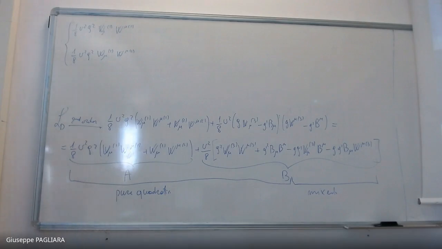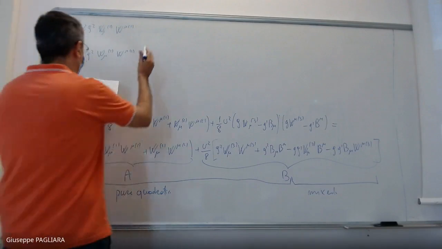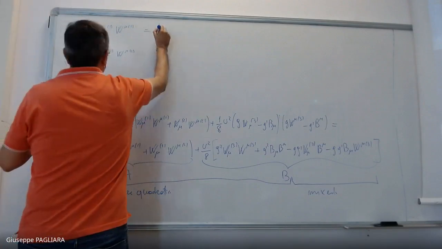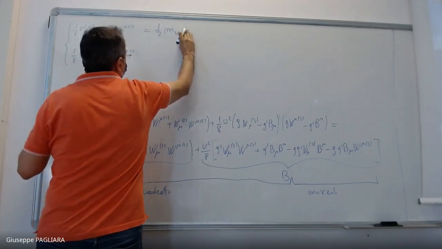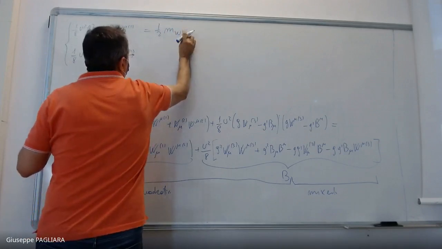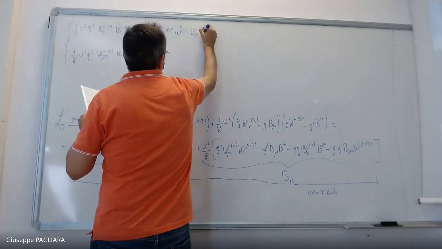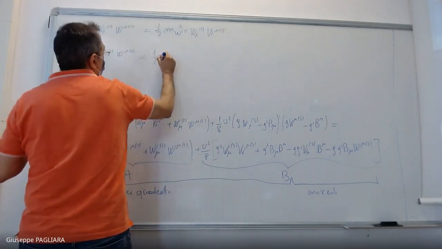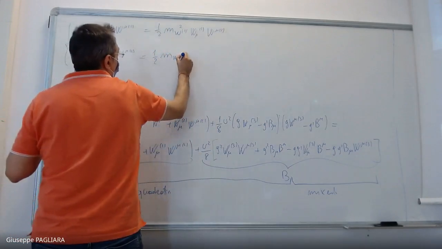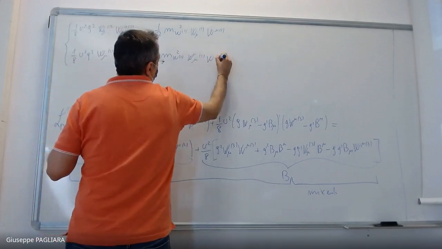Now, as we did before for the Higgs mass, since these are quadratic terms appearing in the Lagrangian, they have to be in the form 1/2 M_W1 squared W1 W1, and this has to be the form 1/2 M_W2 squared W2 W2.